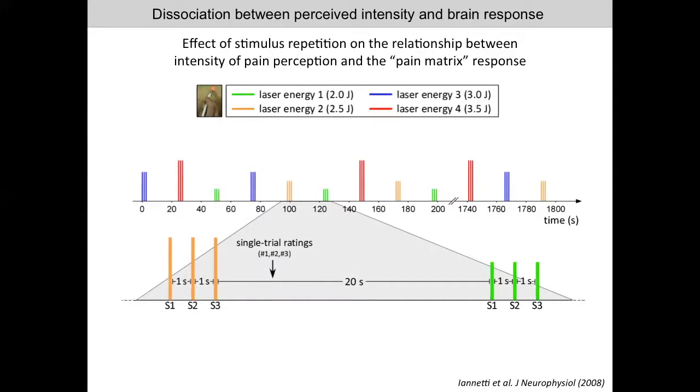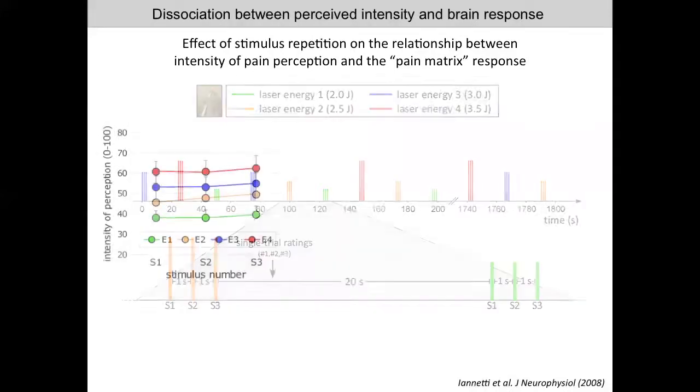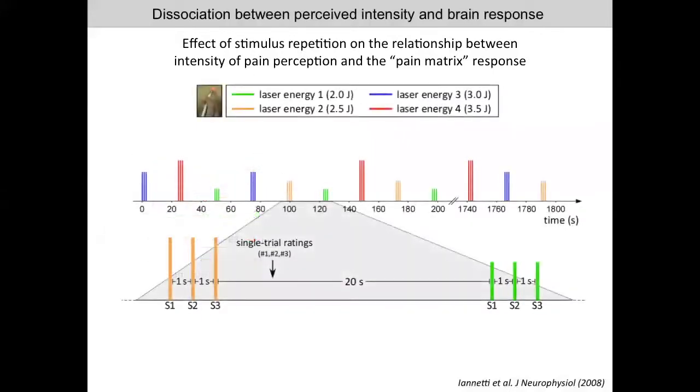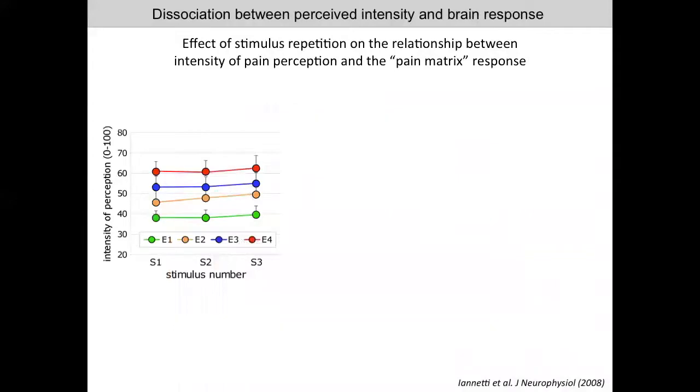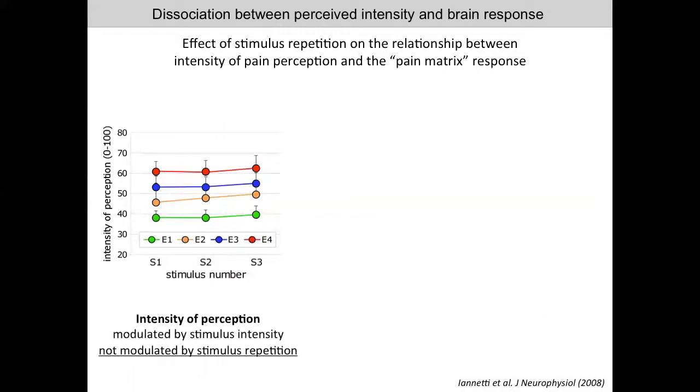And then you ask single trial ratings of the 3 pinprick sensations. Then you find something which is psychophysically, perceptually not surprising, that the intensity of pain depends very strongly on the energy of the stimulus, no surprise, and is kind of the same in the 3 stimuli of this little train.